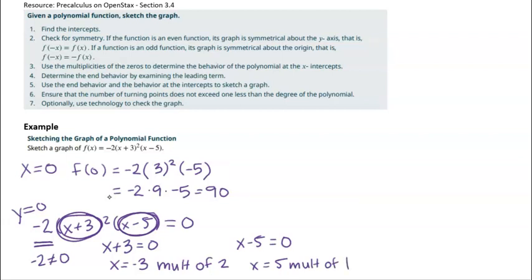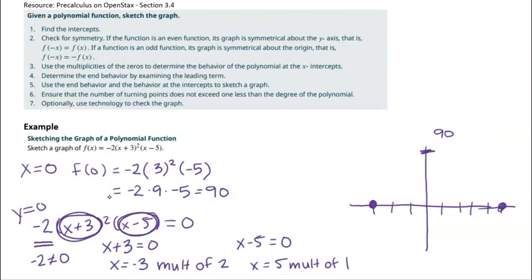So let's go ahead and just start sketching what this graph is going to look like. It's probably not going to be to scale very well because I have this y-intercept up here at 90, and then I have 2 x-intercepts, -3 and 5.